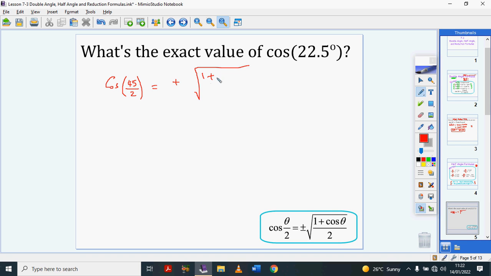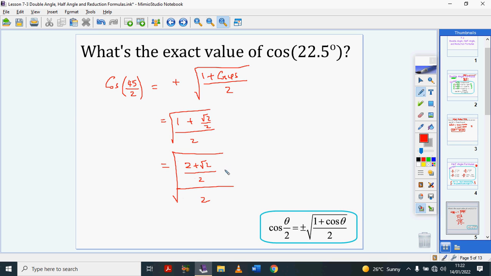Square root of 1 plus cosine 45 divided by 2. So this will be 1 plus cosine of 45, which is root 2 over 2. I'm dividing all of it by 2 and taking the square root. So that simplifies to 2 plus root 2 divided by 2, divided by another 2, under the square root.